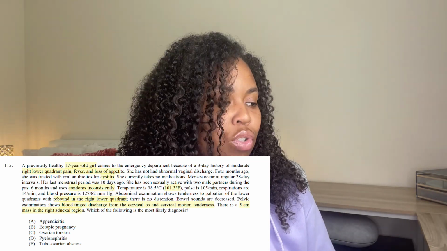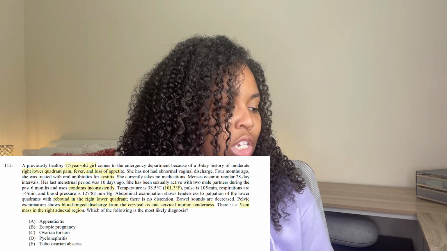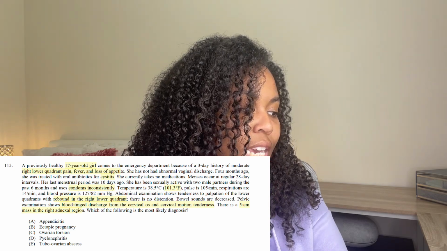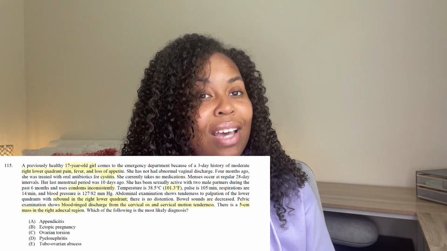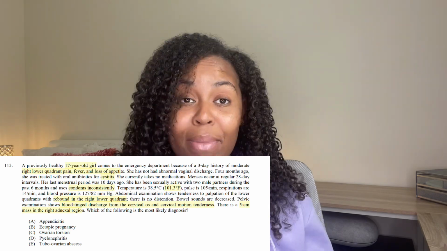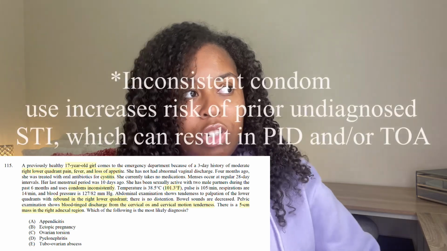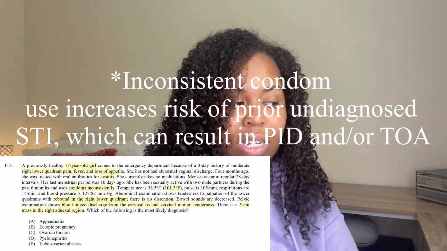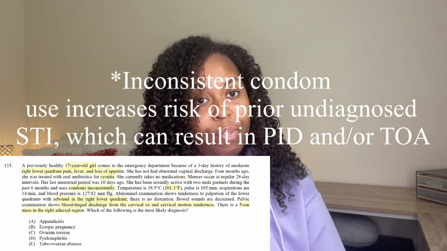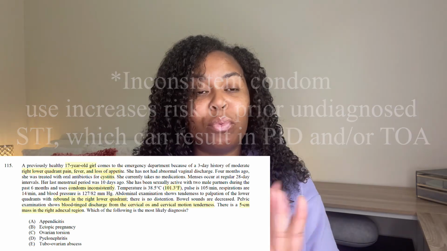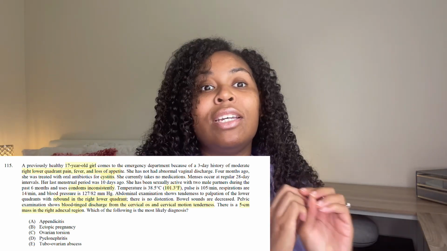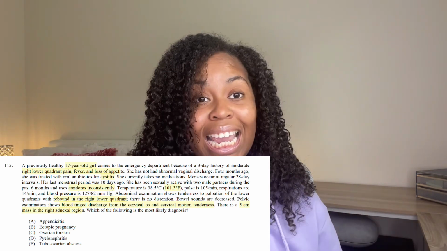So let's take a closer look at the question stem. Even though they say she uses condoms inconsistently, which is what got me the first time I did this question, I figured, oh, she's probably pregnant. But they also tell you that she had a period 10 days ago. Remember, we have to separate real world from test taking world.